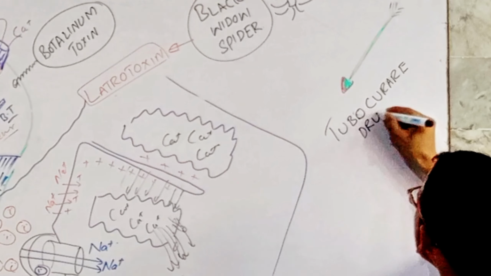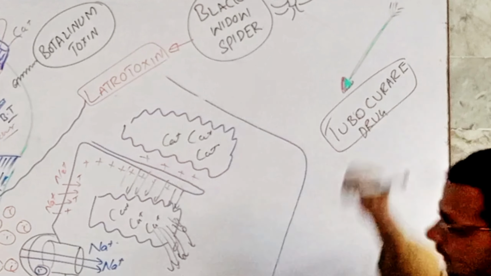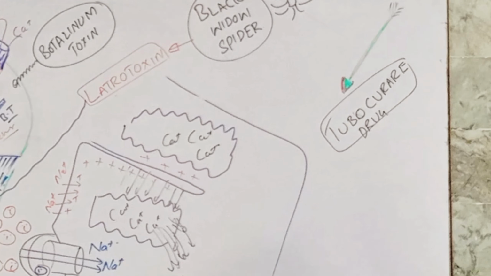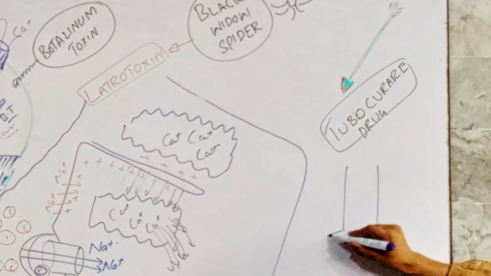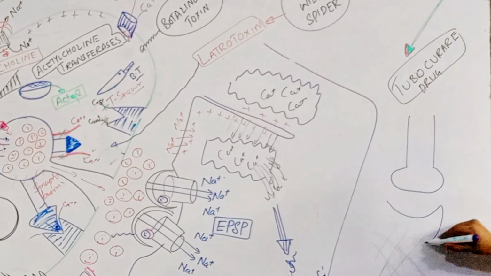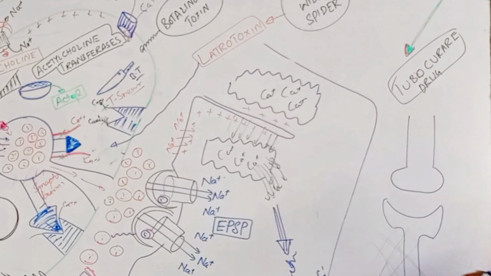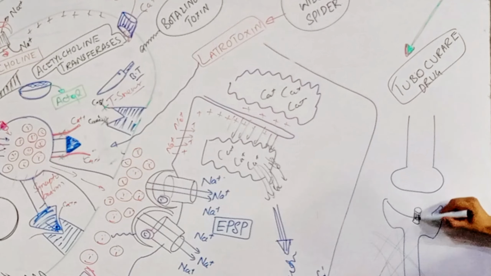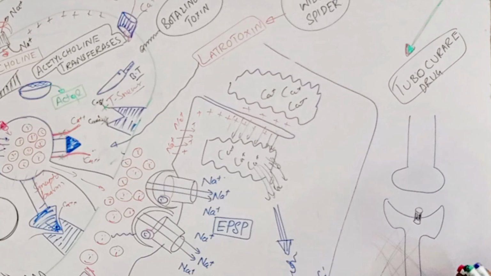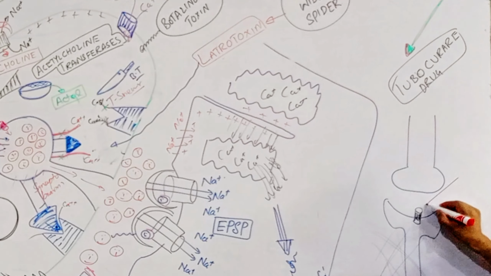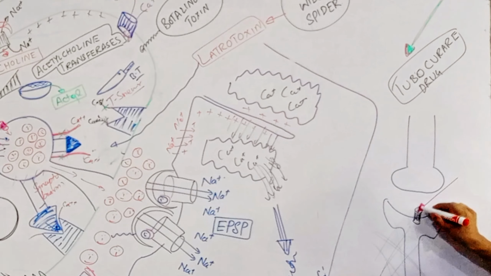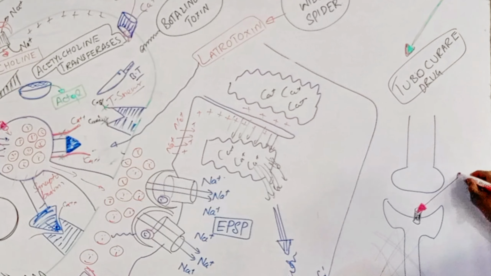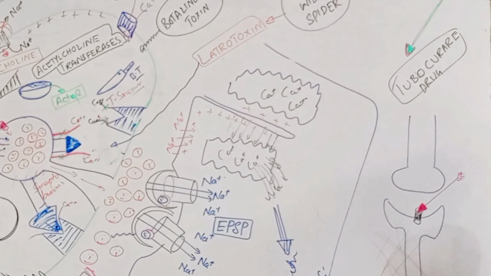Where does it affect? For example, this is the presynaptic neuron and this is the postsynaptic neuron or neuromuscular junction end plate, and here we have a nicotinic receptor. This drug blocks these receptors, right?